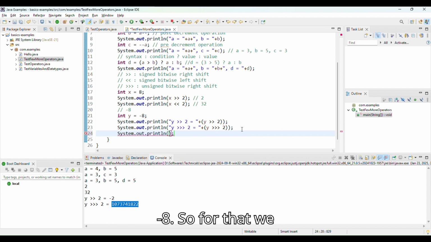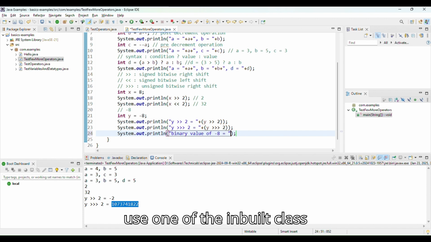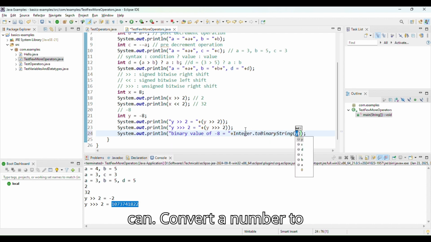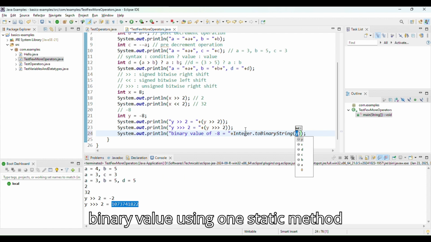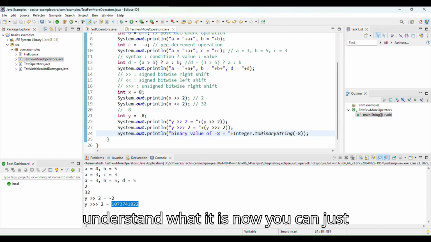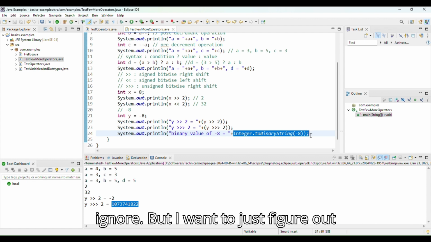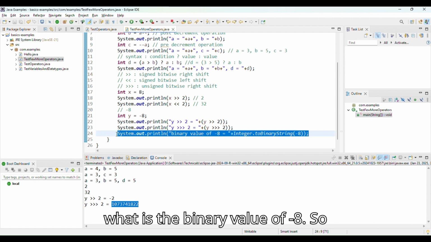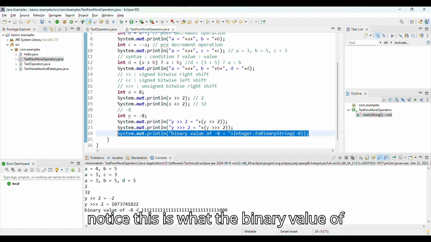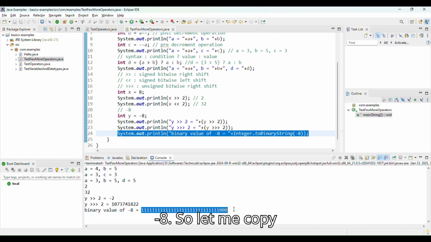For that, we can use one of the inbuilt classes called the Integer class, which can convert a number to binary value using one static method called toBinaryString method. If you don't understand what it is now, you can just ignore. But I want to figure out the binary value of minus 8. So if I run this program, notice this is the binary value of minus 8.